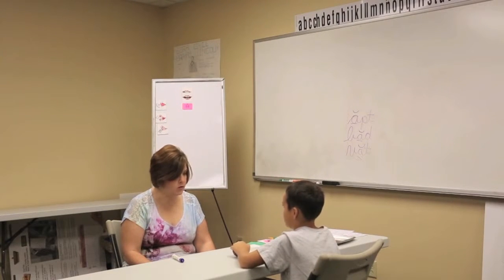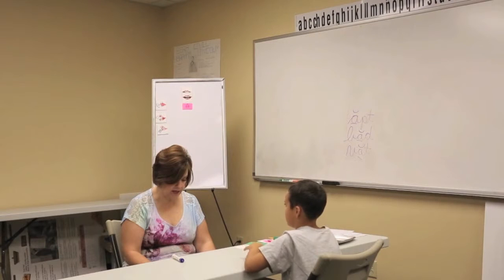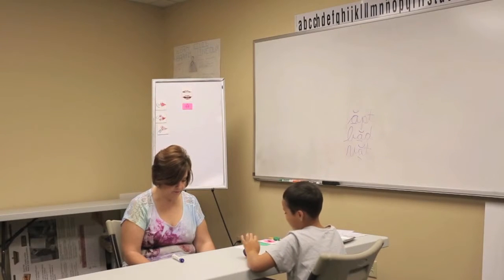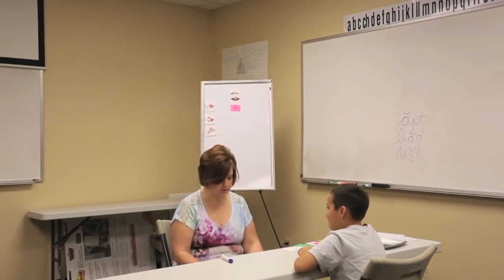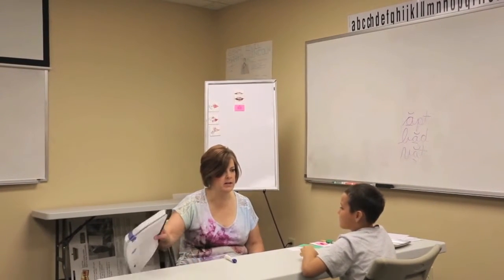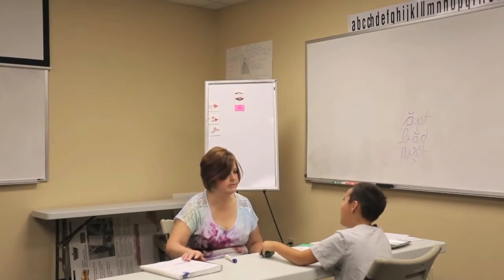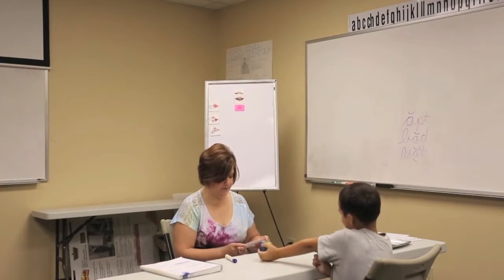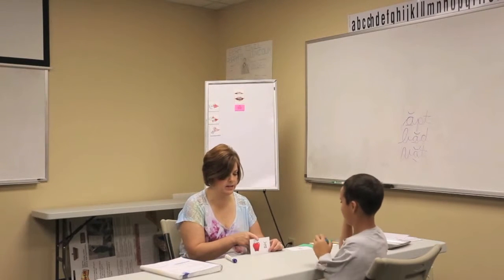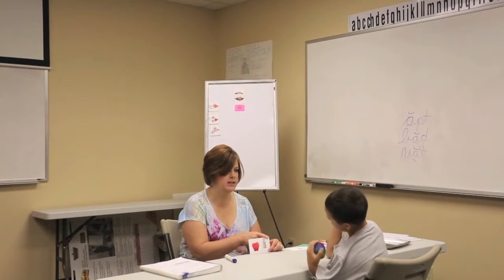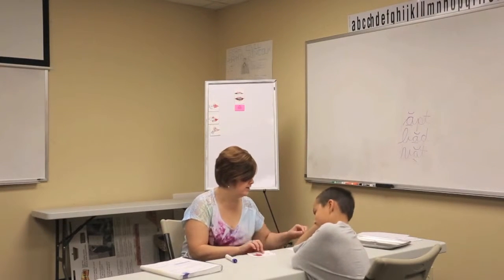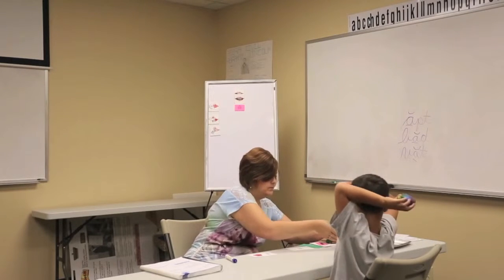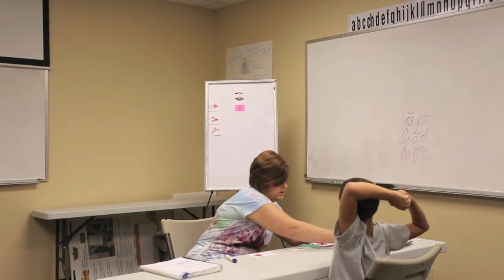This small, rounded fruit has a red, yellow, or green skin. It is said that one of these a day will keep the doctor away. So what's our keyword? Apple. Our keyword is apple, and our sound is ah. I love apples.